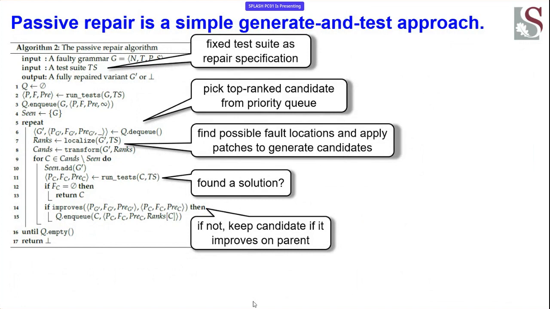The underlying algorithm keeps all candidates in a priority queue, and we use the number of passing tests, the length of the fragments that have been successfully parsed, and several other things as the key into that priority queue, so that the grammars at the top of the priority queue are the best candidates so far. So we basically measure the fraction of successfully parsed examples and use that to index into the queue.